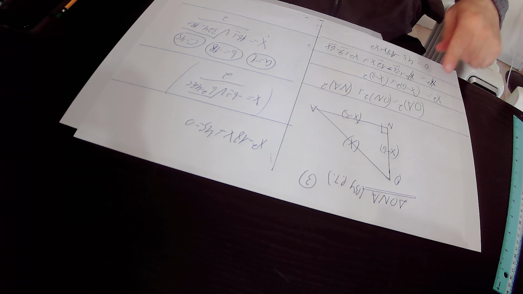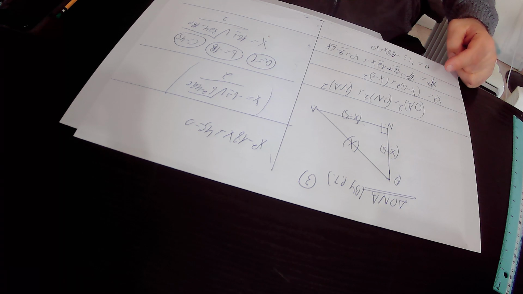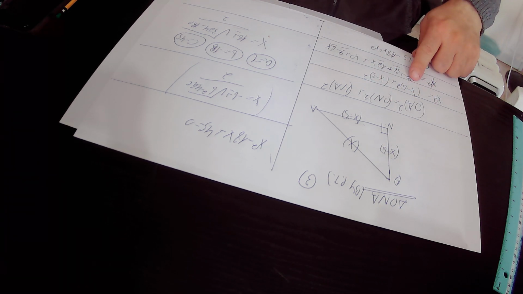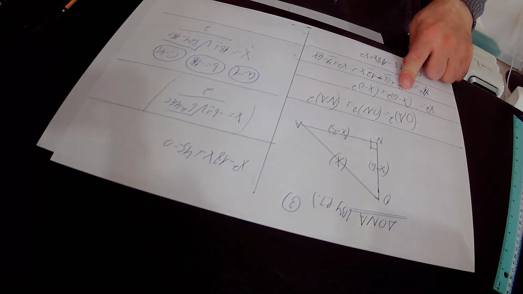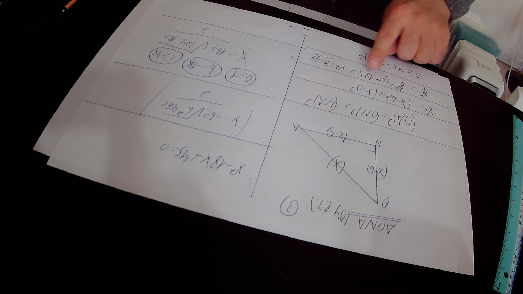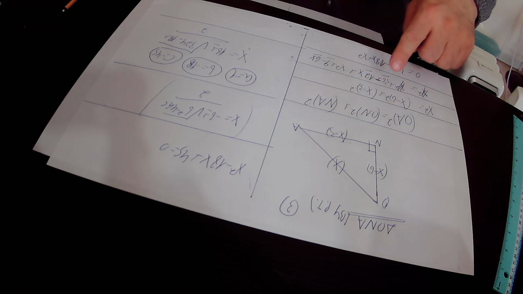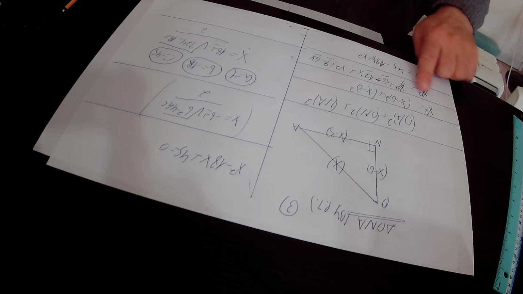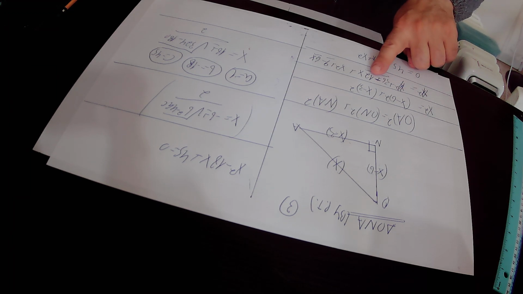Okay, so OA is x, therefore OA square is x square, and it equals ON square. ON is x minus 6, therefore ON square is (x minus 6) square, plus NA square. NA is x minus 3, therefore NA square is (x minus 3) square. So we found out that x square equals (x minus 6) square plus (x minus 3) square.